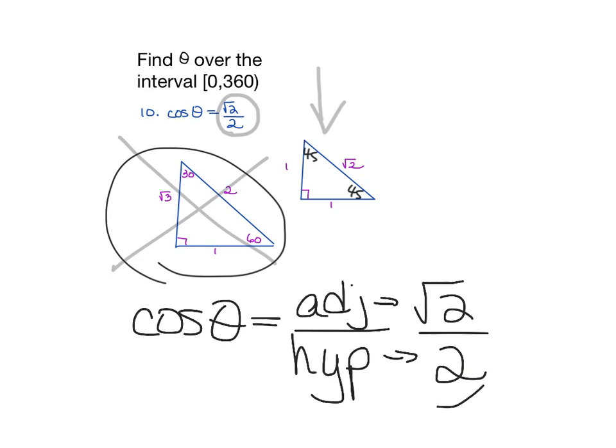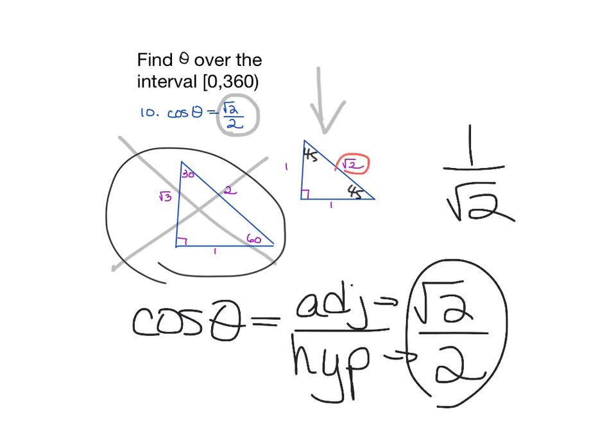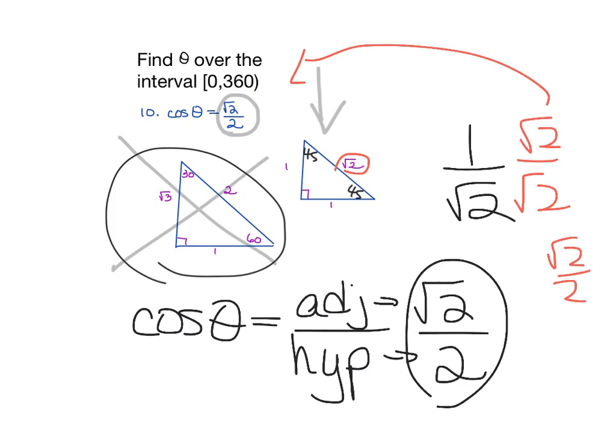So this is actually the rationalized answer. So really what it started out as is 1 over root 2, because remember, your hypotenuse here is the root 2. And then once it was rationalized, it turned back into root 2 over 2.